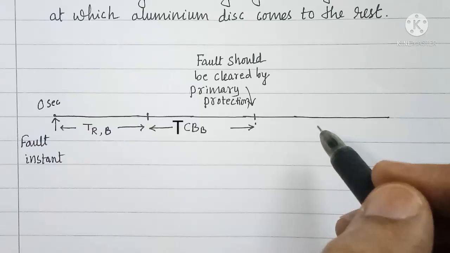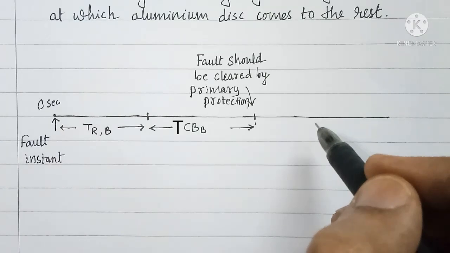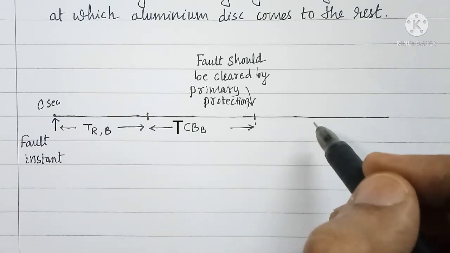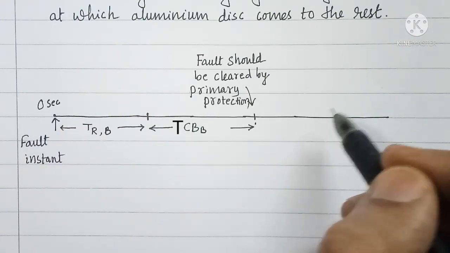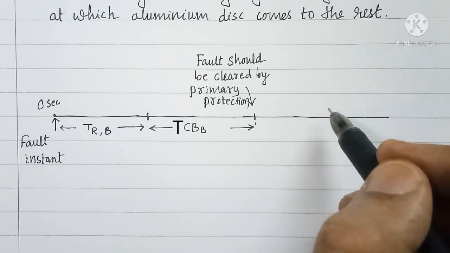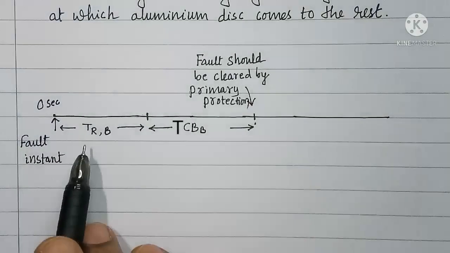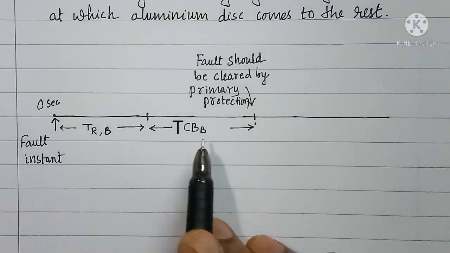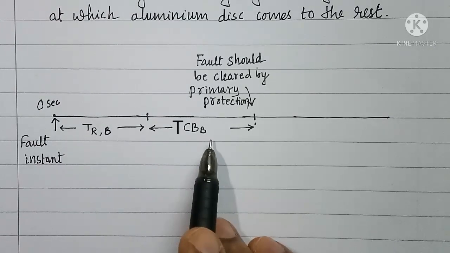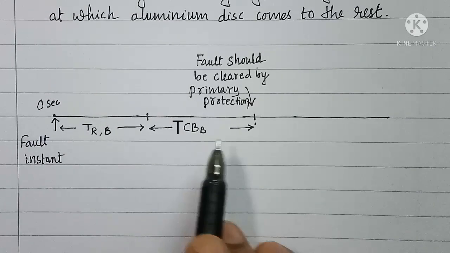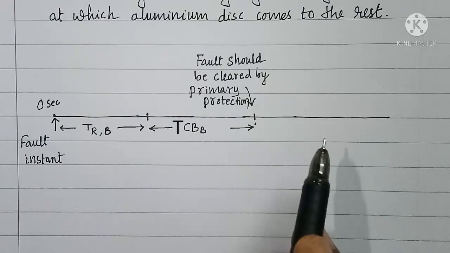But the operating time of backup protection should be so selected that it operates only after the time duration of TRB plus TCBB and overshoot time of its own.